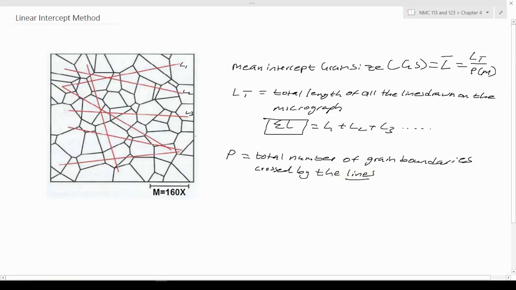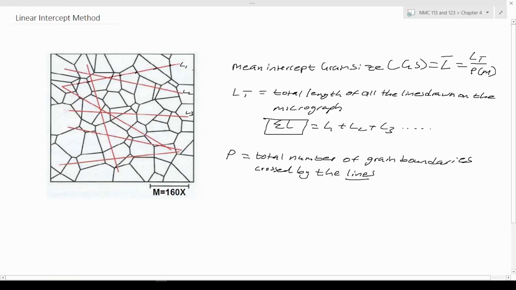For example, let's look at L1. You have the line crossing this grain boundary. That's 1, 2, 3, 4, 5, 6, 7, 8. So L1 is crossing 8 grain boundaries. Do you see that?